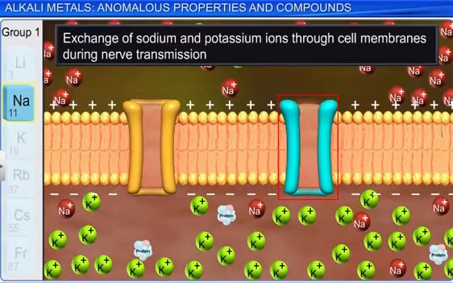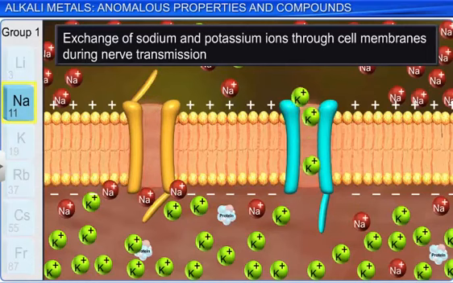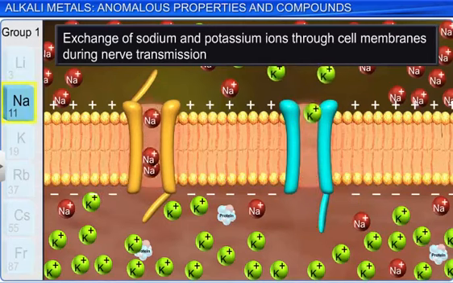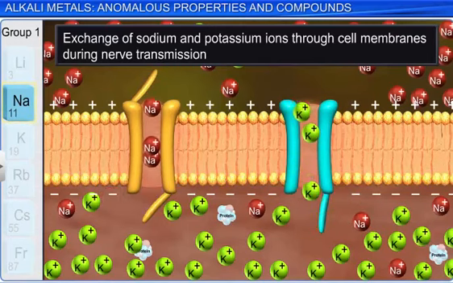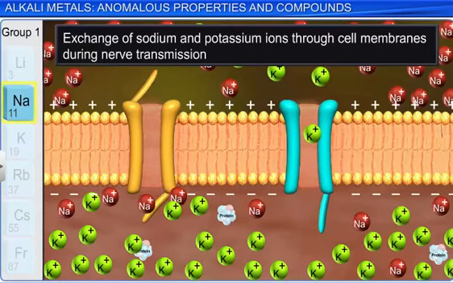When these become activated, sodium ions rush into the cell and potassium ions flow out of the cell. The movement of sodium and potassium ions causes the polarity of the membrane to change momentarily. As this moves down the neuron, the nerve signal travels through the body.